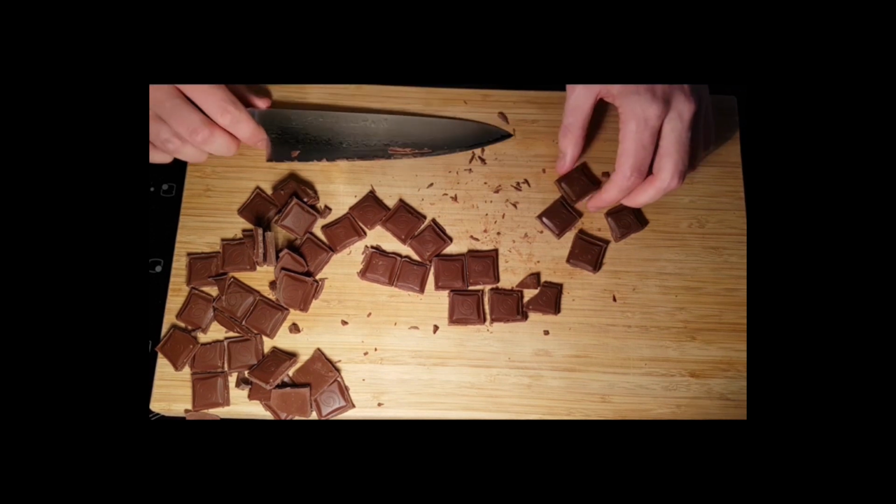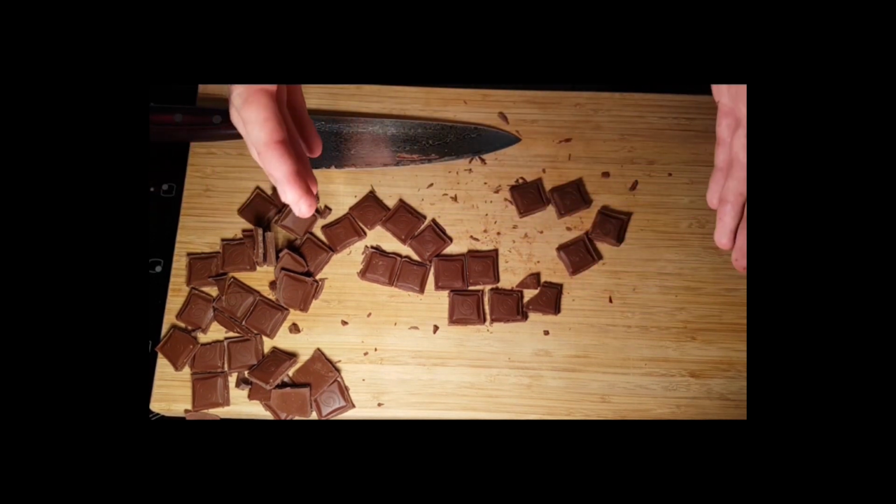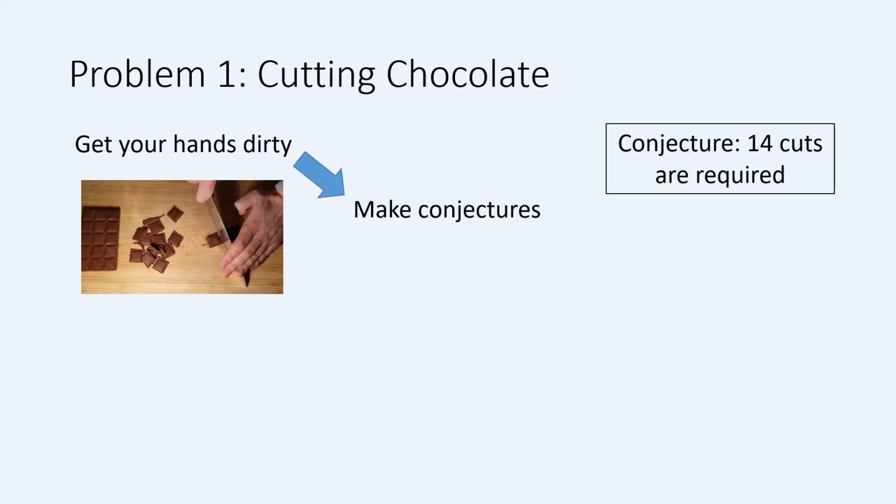I did 2 at once there. So 14, again, each way gave us 14 different cuts. This might lead us to conjecture that the fewest number of cuts required is 14.